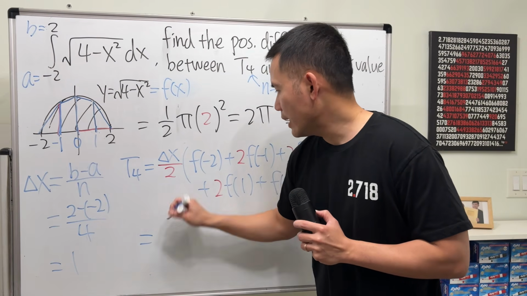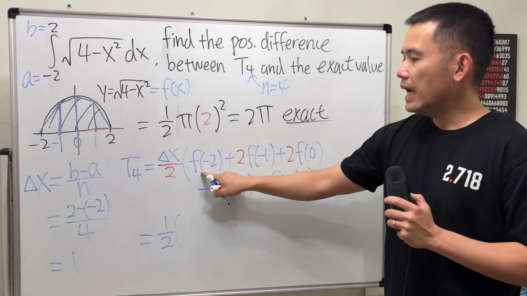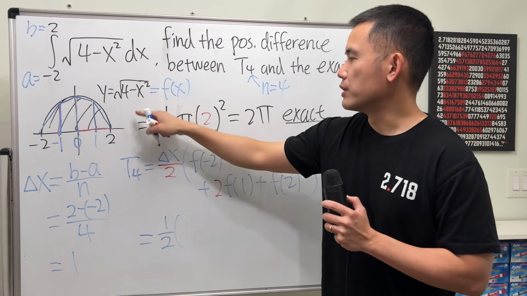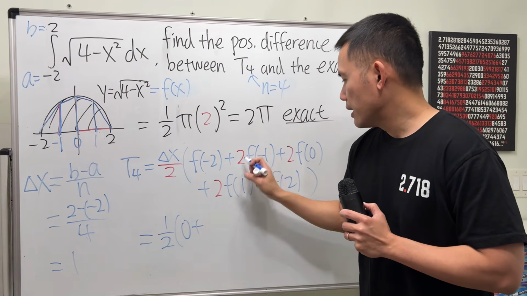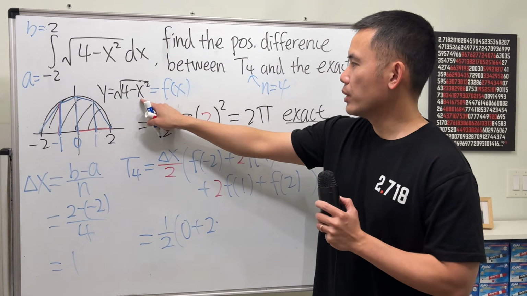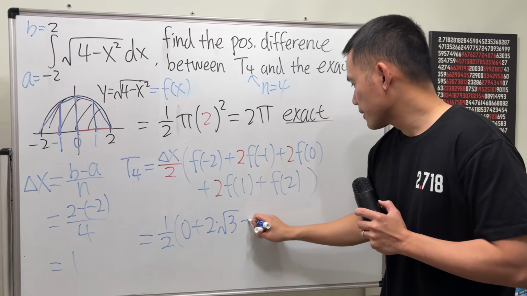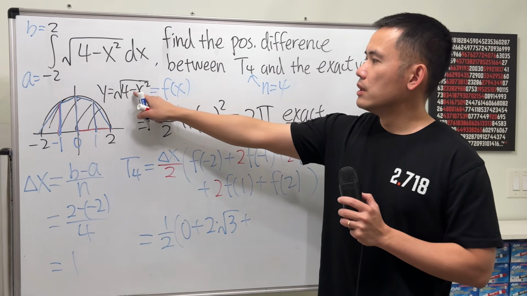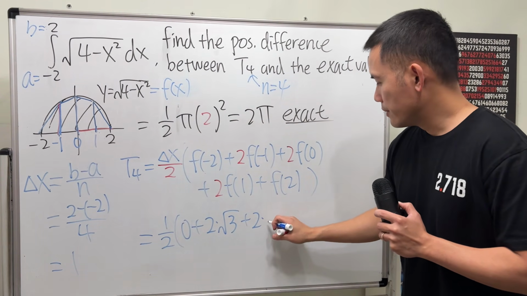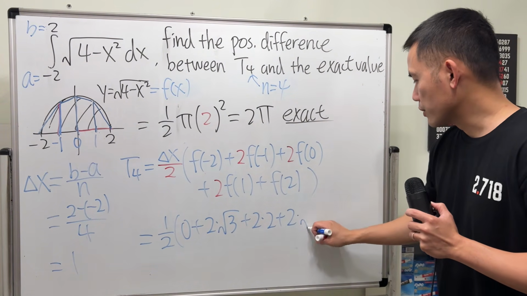Okay, so we have delta x is 1, over 2, times f of negative 2. Plugging negative 2 into here, that's just going to be 4 minus 4 is 0, so it's just 0. Plus 2 times f of negative 1, plugging negative 1 here, it's just 4 minus 1, which is 3, in the square root. F of 0, plugging 0, you get square root of 4, so it's just 2 times 2. And then 2 times plugging 1, you get square root of 3.